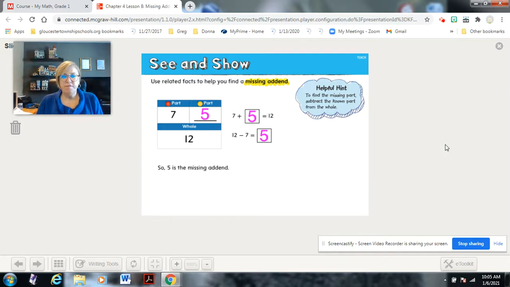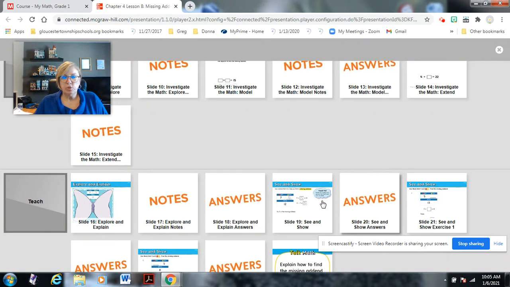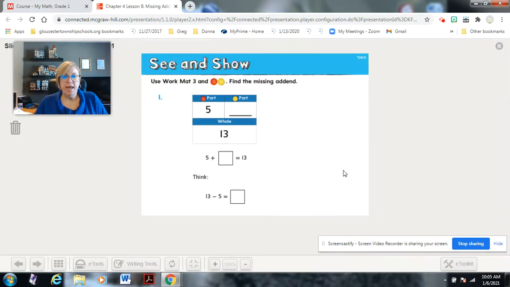To find the missing part, subtract the known part from the whole, which is exactly what we did right now with the part whole. We had 12. In this case, we know that there's 7. We took that away, and the remainder, the missing addend, is 5. So it says right here, so 5 is the missing addend. Okay, let's go to our next page.